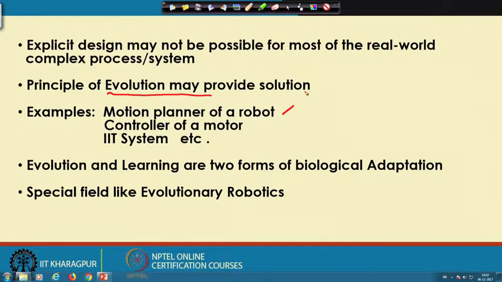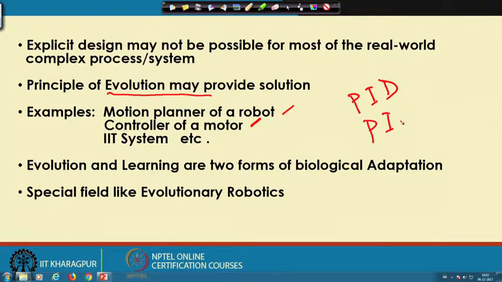Now, let us take another example, like the controller of a motor. If you see, in a robotic joint, for each of the robotic joints we use a particular motor, and for this motor we have some controller. For example, sometimes we use a PID controller, proportional integral derivative controller, or sometimes we use a PI controller, proportional integral controller.